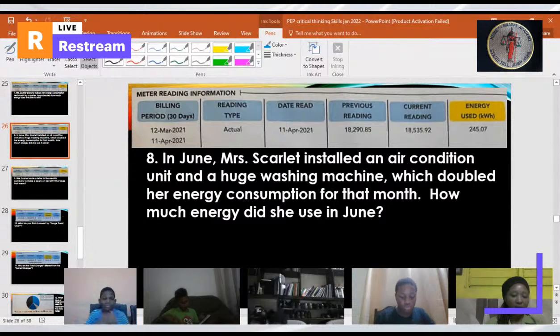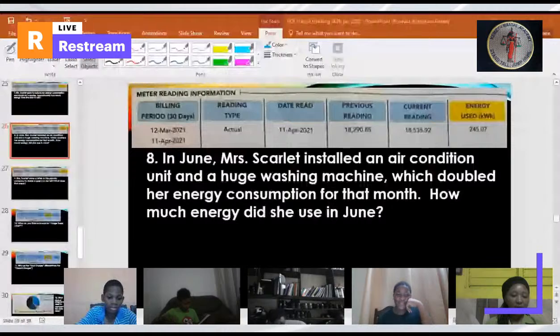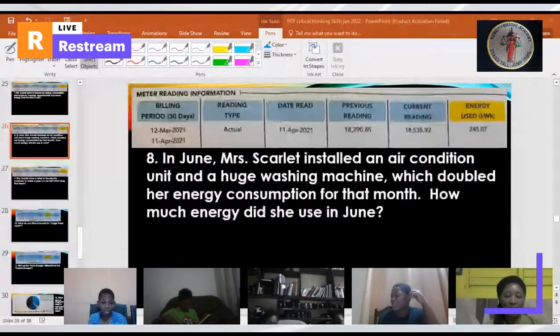Others are saying 191.4 and 419 kilowatts. What are you doing to get that figure?